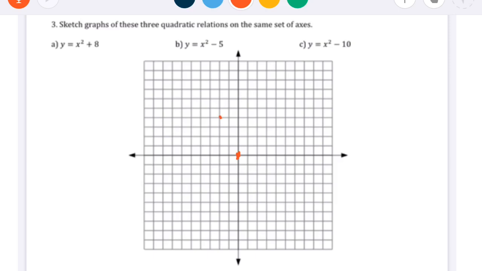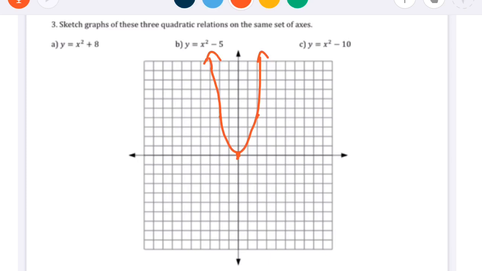I have a point at negative 2, 4 and 2, 4. So I'm just going to roughly sketch what the parent function looks like. So all of these have the same slope. So they're all going to be the same steepness, but they all have different y-intercepts.